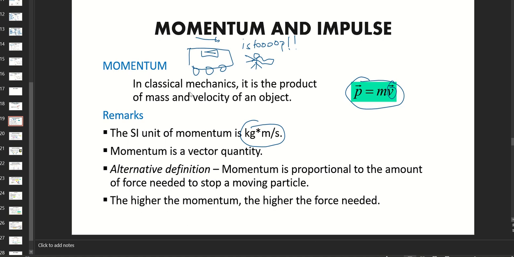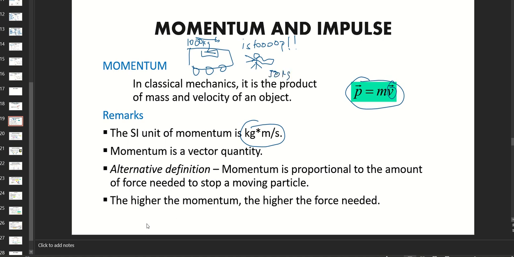So, the question is, how do we define momentum? Momentum of an object is defined by its mass and its velocity. For example, if this bus has malaki yung mass niya, kasi bus yan, tapos may mga sakay pang tao. Let's say mass niya is 1,000 kilogram, tapos ikaw, 58 kilograms.